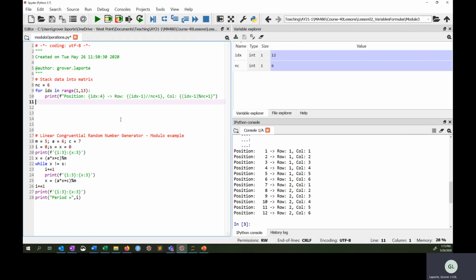All right, that is stacking data, so a row of data into a matrix or a column of data into a matrix. Let's now talk about a linear congruential random number generator. That's also using the modulo operator. Eventually, if we want to solve stochastic type problems, we will need the computer to produce random numbers.